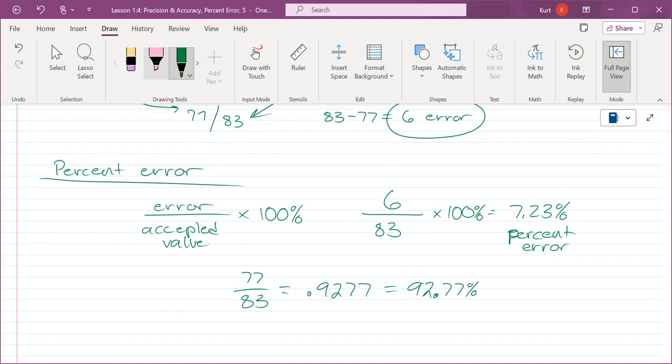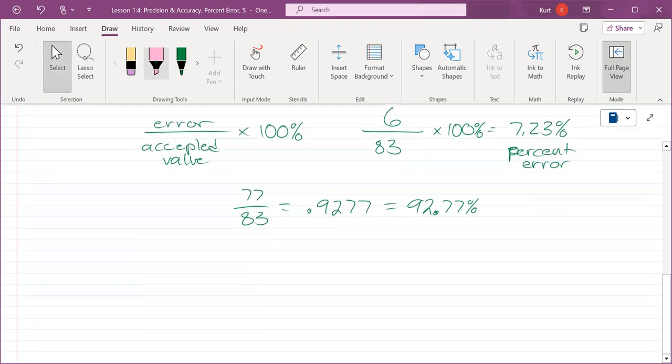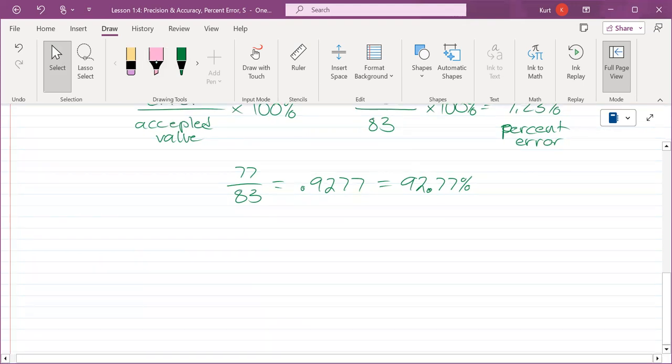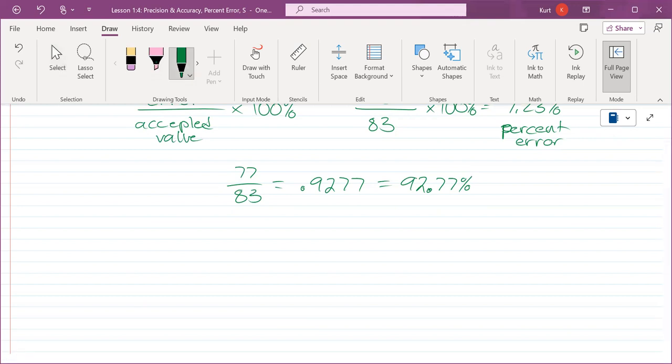Not bad at all. In sports, JV, do you know how many football games you have this year? Do you have 6? Have you ever heard the adage, oh, they're a 500 team, and they have a 500 record? Here's what that means. Let's say the JV team wins 3 out of 6. What's their winning percentage? 0.500. That's what they mean by 500. You have as many wins as losses.